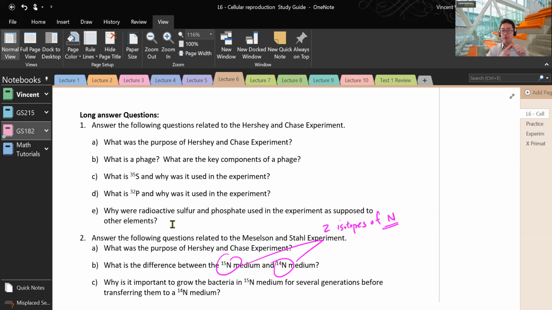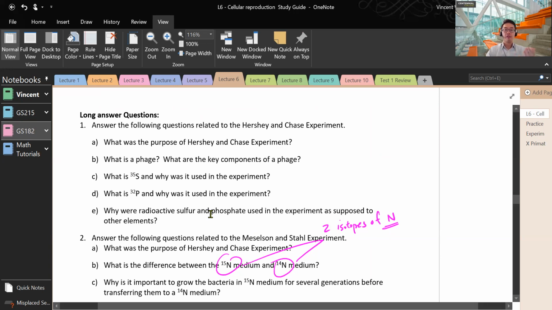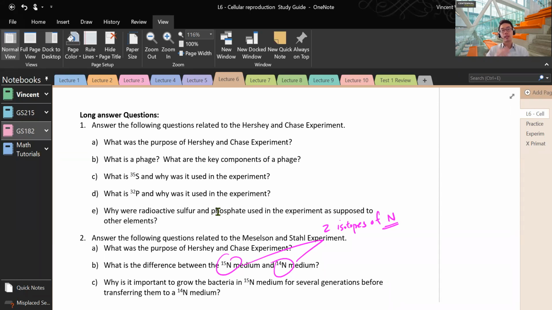So that sulfur is found only in the proteins and not the DNA. Okay, so by having a radioactive sulfur, if I detect the radioactive sulfur, I know I'm detecting protein. Phosphate, on the other hand, is found in the DNA and not protein, and that's why these elements are chosen.